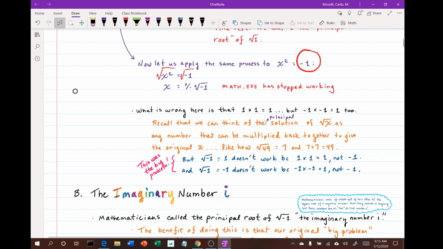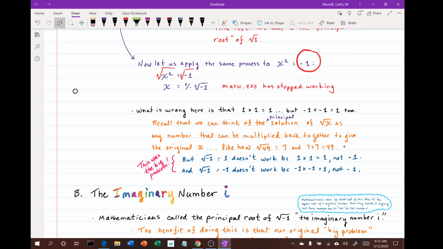Recall that we can think of the principal solution of the square root of x as any number that can be multiplied back together to give the original x, like how the square root of 49 equals 7, and conversely, 7 times 7 equals 49. So this was the big problem right here. The square root of negative 1 equals 1 doesn't work because 1 times 1 equals 1, not negative 1.